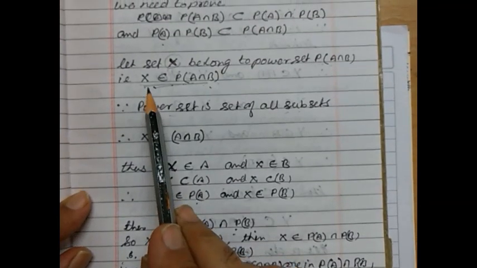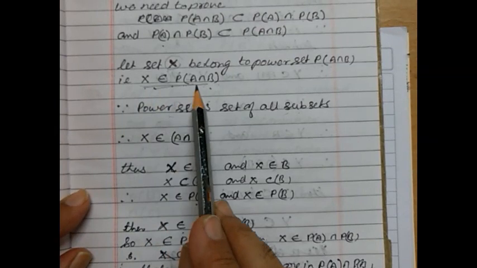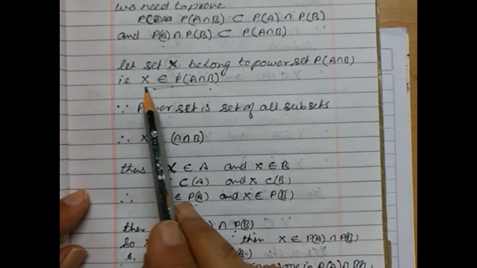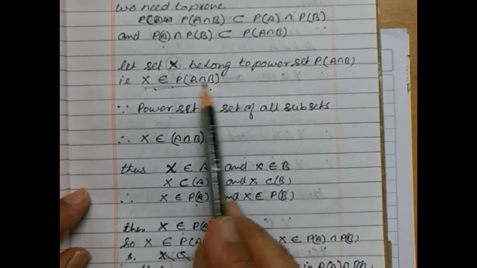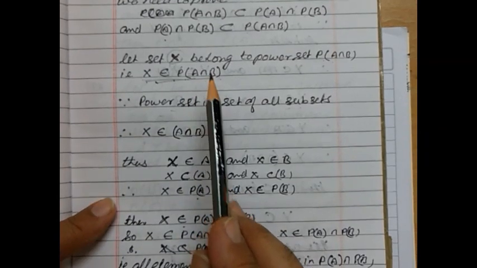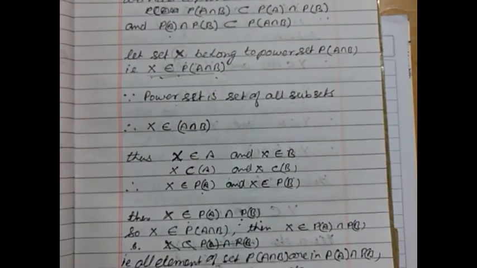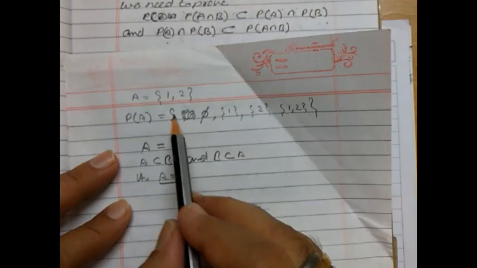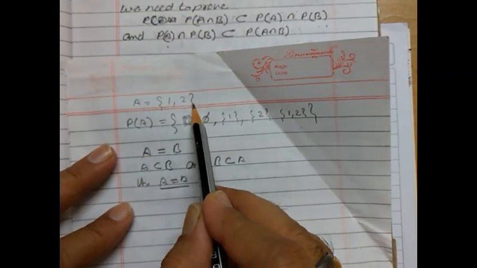When X belongs to the power set of A intersection B, set X is a part of A intersection B. That means the power set is formed with elements of A only here.